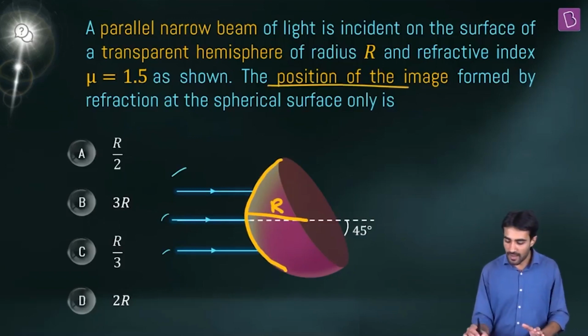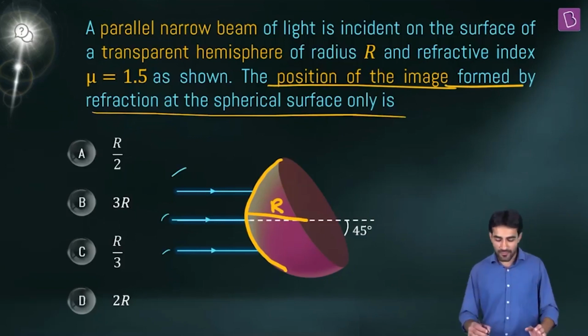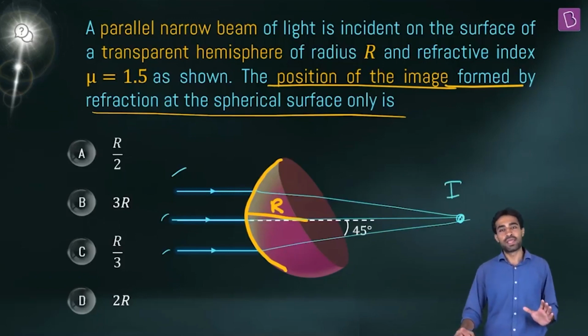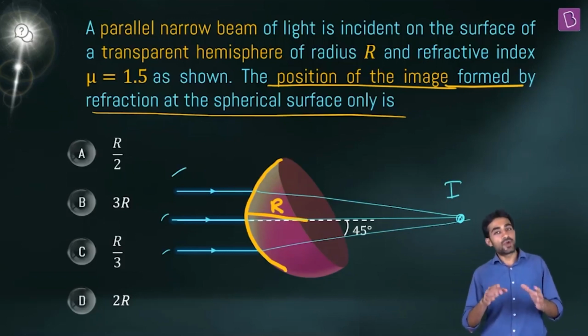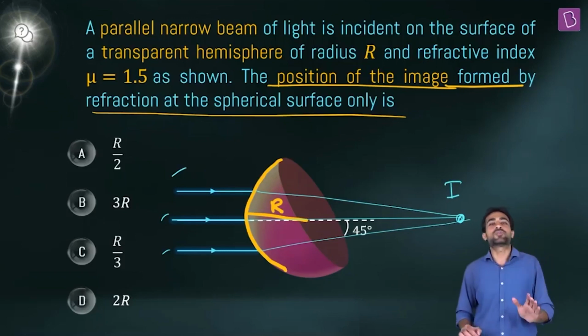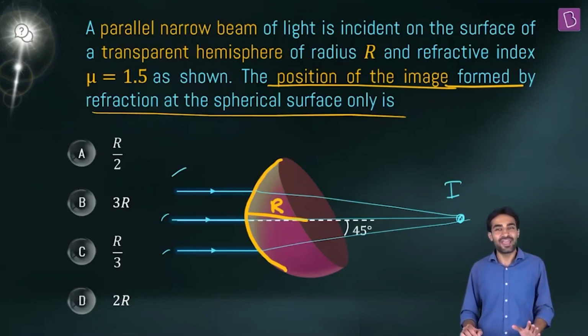Now we have to tell the position of the image formed by the refraction at the spherical surface only. Just after refraction at the spherical surface, the image is formed, suppose at this particular location. This is the image just after the first refraction. After this there will be further refraction, and this image will act as an object for the second refraction, but we don't have to go that far. We just have to tell the location of the image formed just after the first refraction only.